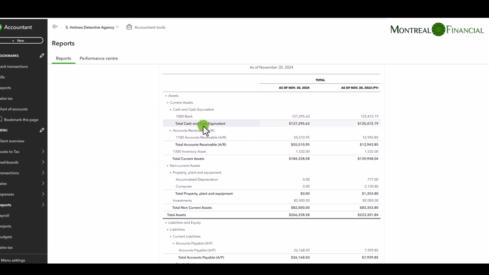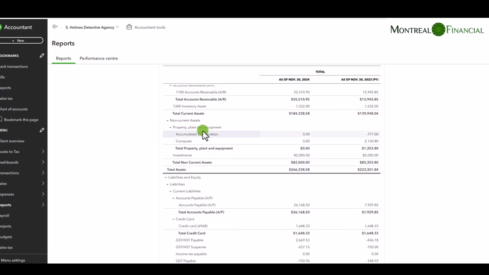You have current assets, which is reflected as cash, accounts receivable, inventory, and then your total current assets. And then you have your non-current assets, which tend to be your larger fixed assets, referred to here as property, plant, and equipment. And then investments and non-current assets are essentially long-term.